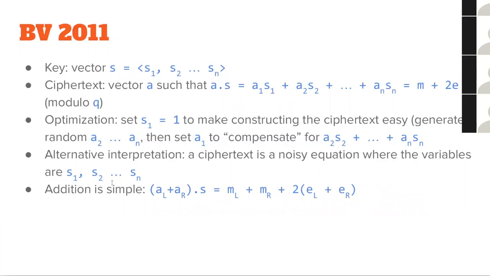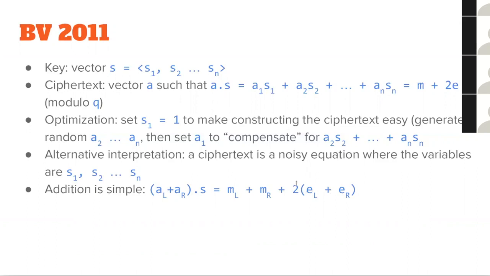As I mentioned, an alternative interpretation of this vector interpretation is that a ciphertext is a noisy equation where the variables are your secret key. Addition is easy, right? If you have AL such that AL.S equals m plus 2e, and then AR such that AR.S equals another m plus 2e, then dot products are additive, and so (AL plus AR).S is just going to be the sum of your messages plus the sum of your errors.